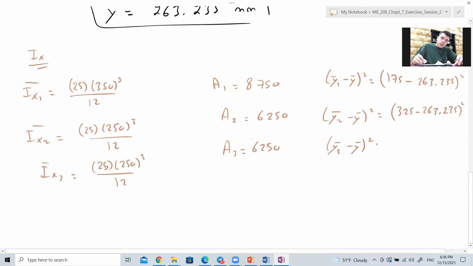Y3 bar minus y bar squared is 325 minus 263.235 squared.